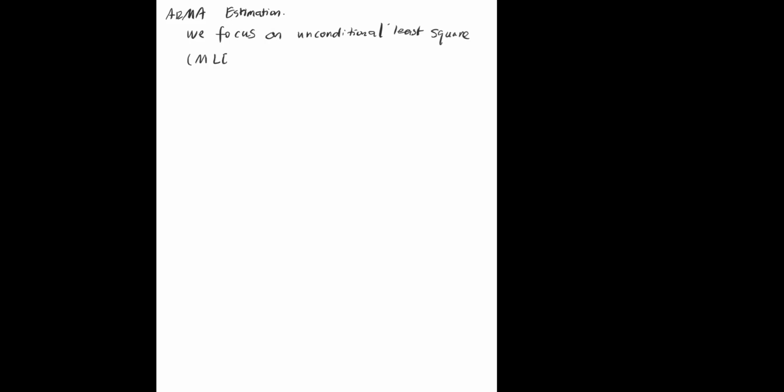This is a special case of the MLE. MLE stands for maximum likelihood estimation. If you do not know that, that's totally fine. This is basically to maximize the likelihood of your estimate. So we will just do an unconditional least square estimation here, which is pretty similar to your OLS.